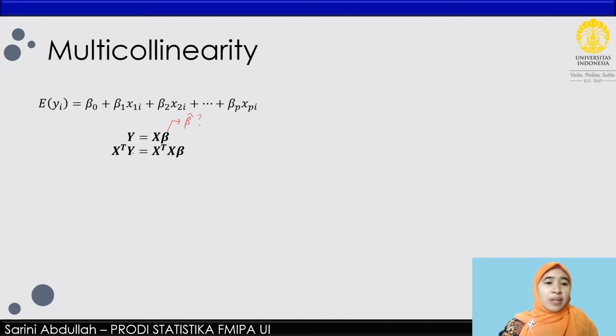In this estimation process, we want to be able to write beta equals something. So we use our matrix knowledge for that.